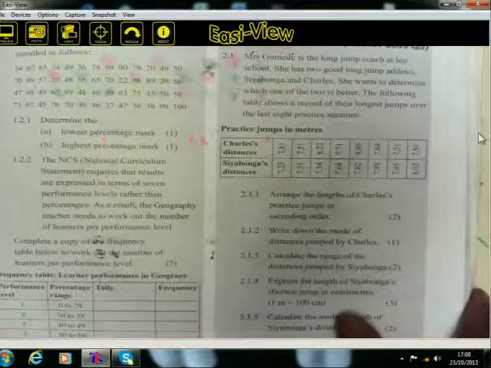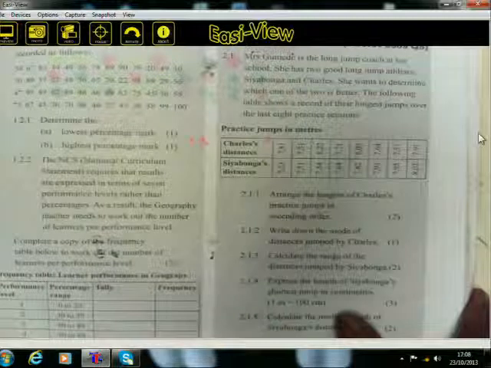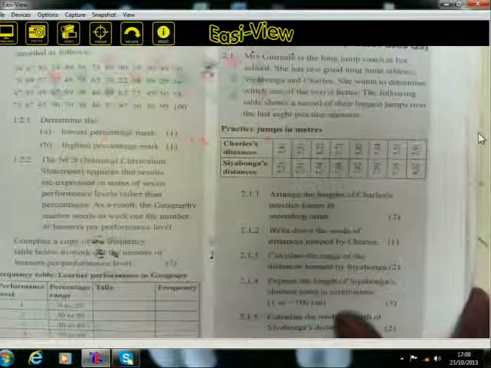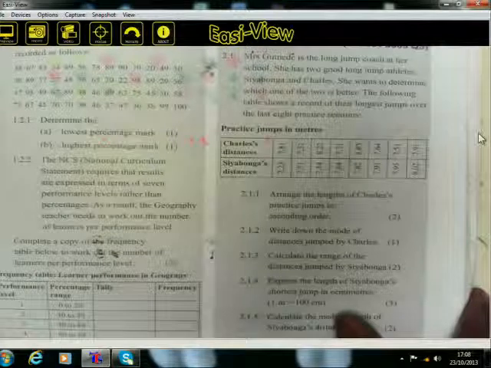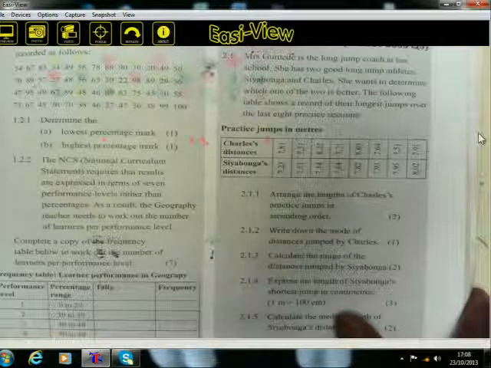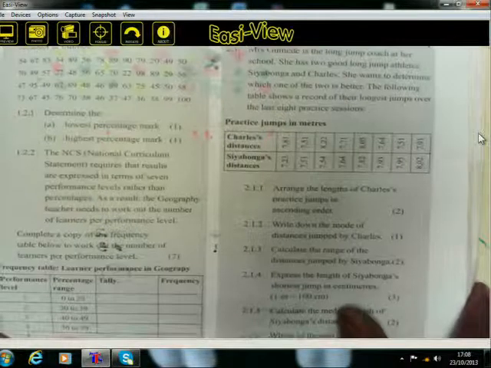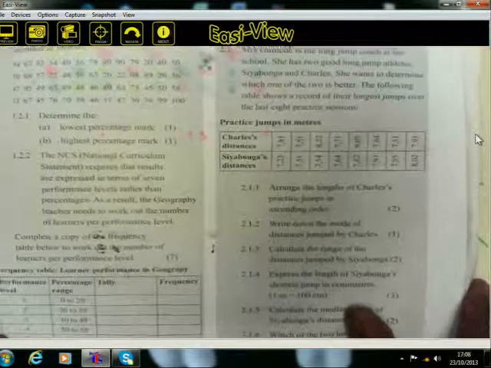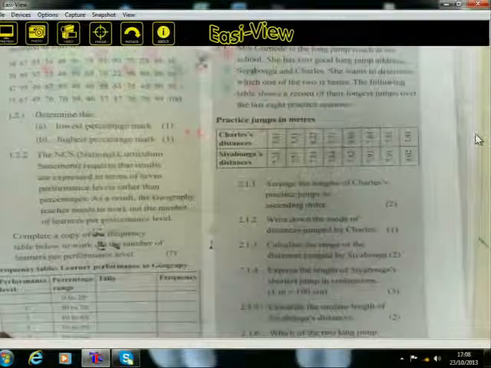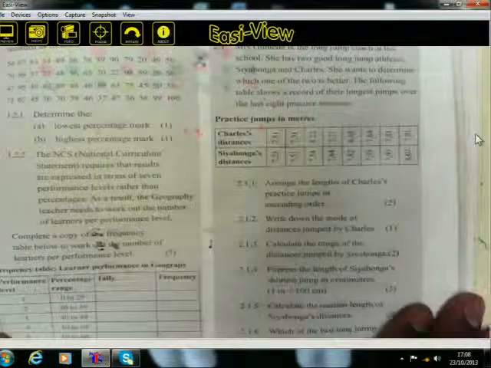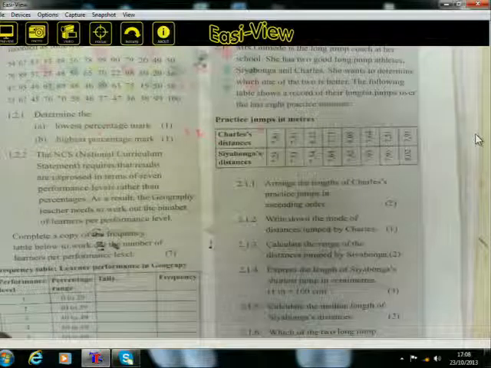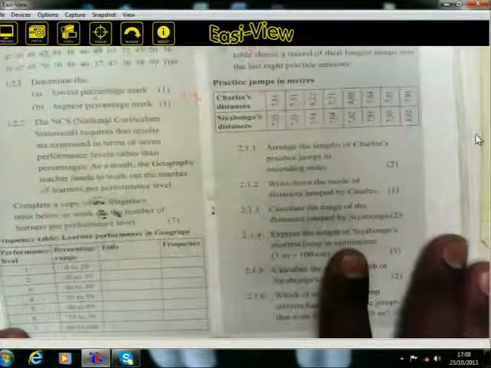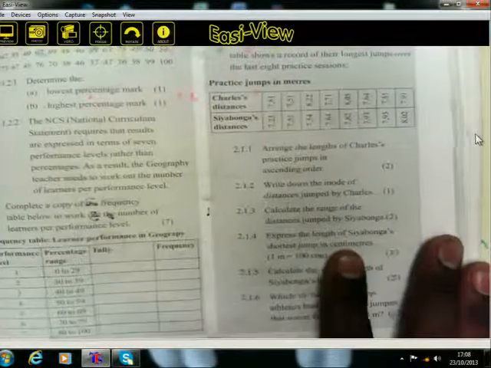The lowest percentage mark is 1 mark, the highest percentage mark is 1 mark, and then there is that one of 7 marks. Now, it's 9 marks. Remember what I said? It's determined by the marks that we are giving. That means now it's 9 marks, so it must be 4.5 minutes. I'm giving you 4 minutes to do it. After 4 minutes, we'll be marking it. Thank you.